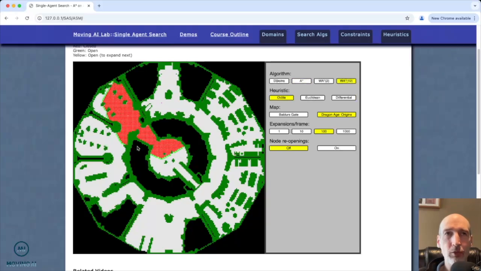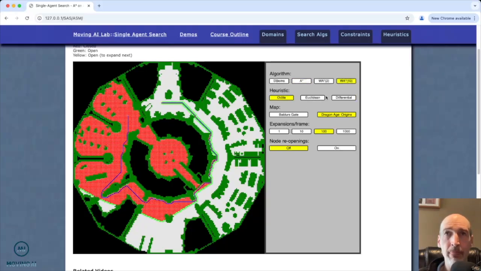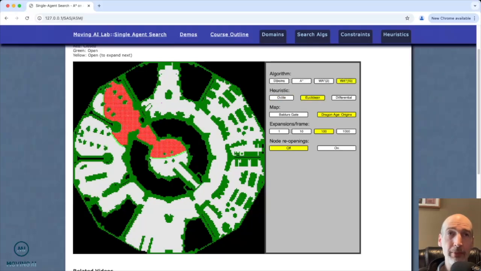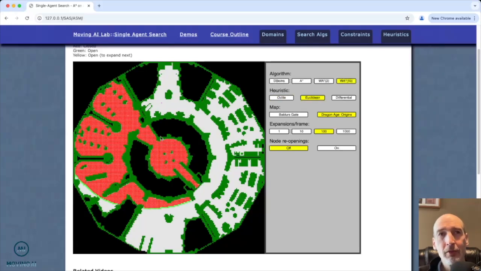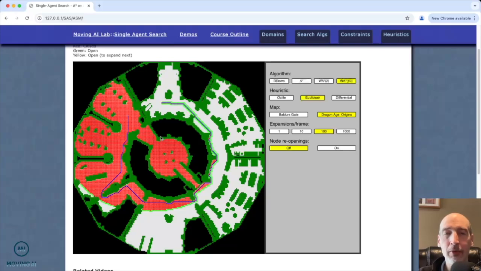So why does weighted A star give us this much more octagon shape coming out, and then Euclidean gives us a much more circular shape? So that's a question to think about. There are some technical details of an answer of why that's the case. I'm not going to develop it in this demo, but it's something that we can observe here. We can think about and use it to understand the nature of these algorithms.